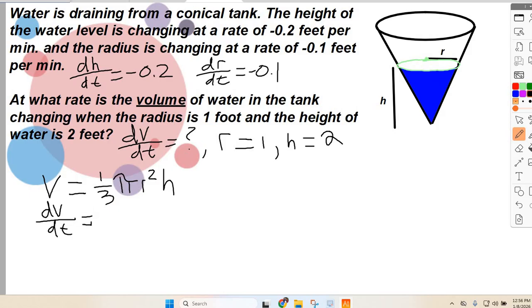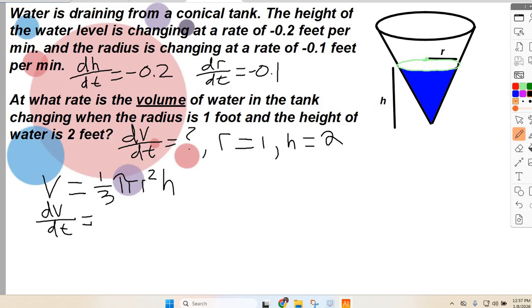Now, is my 1/3 pi a variable? No, it's constant. Correct. So we do not need a triple product rule. It's just a constant, so we can just include the 1/3 pi along with our r squared. So remember that for our product rule, how do we start it? F prime times g.